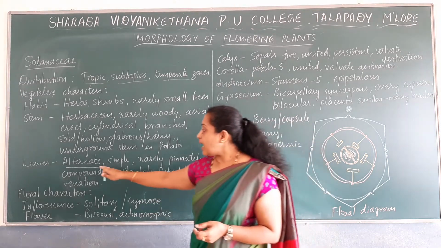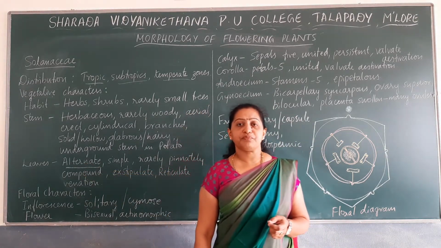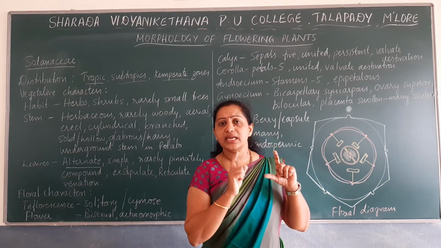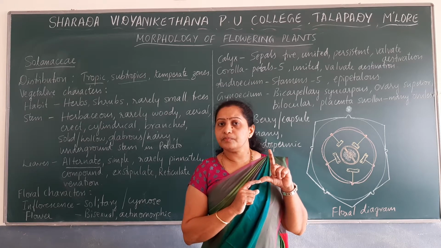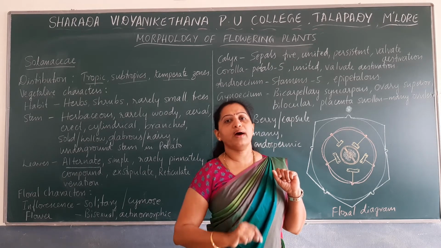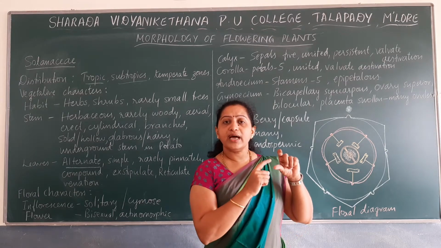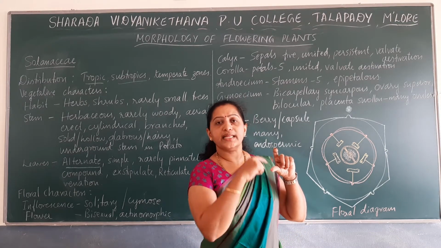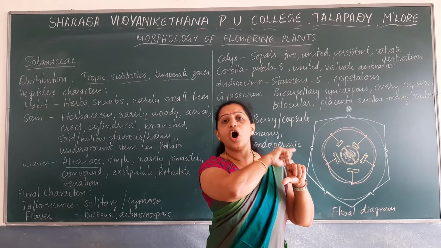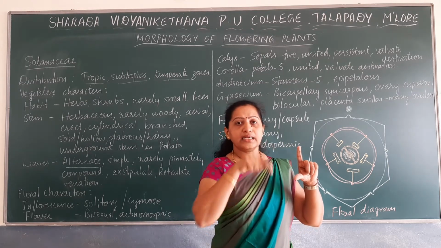So alternate position of leaves means that in each node only one leaf arises. If one leaf arises in one node, in the next node one more leaf arises, but that will be found in the opposite position, that is alternate.